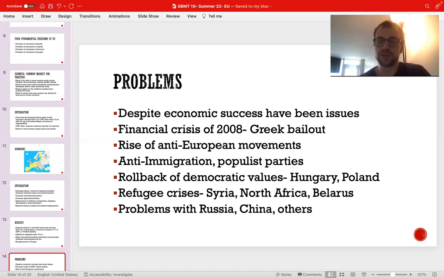Similarly, Greeks resented the bailouts as they had a variety of conditions placed on the bailout packages, which limited their social services and their welfare states, including their pensions and education, in order to pay back these loans.